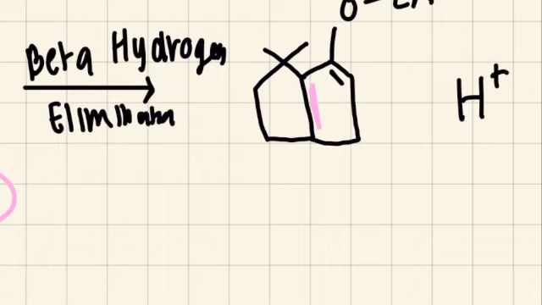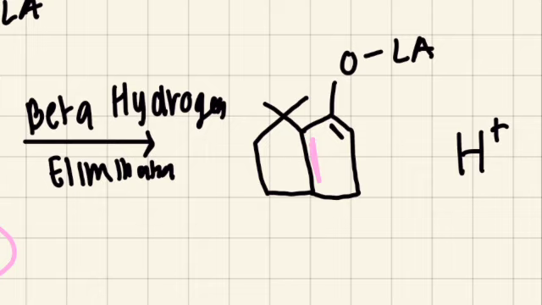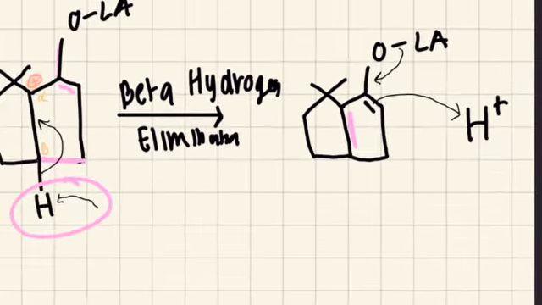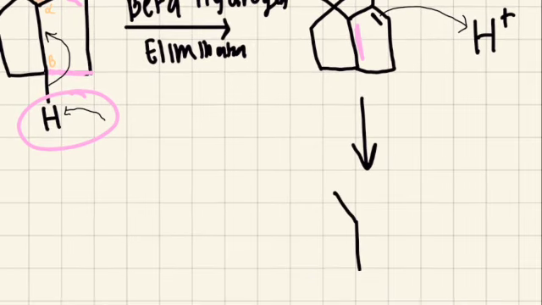This pi bond is going to break to go get the H plus. First, the bond from the oxygen to the Lewis acid is going to break and push here, which in turn breaks this carbon-carbon pi bond and picks up a hydrogen, which results in our structure looking like this for now.